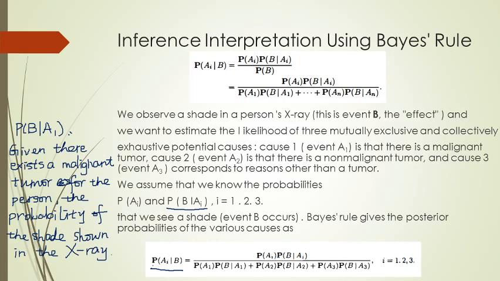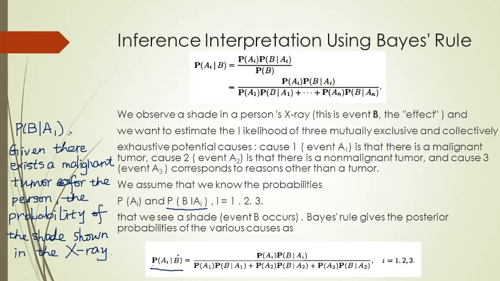So they read the X-ray photos, and the doctor observes a shade in one person's X-ray photos, and then the doctor is going to inform whether this shade belongs to event A1. Is this shade a malignant tumor or non-malignant tumor or something else, right?